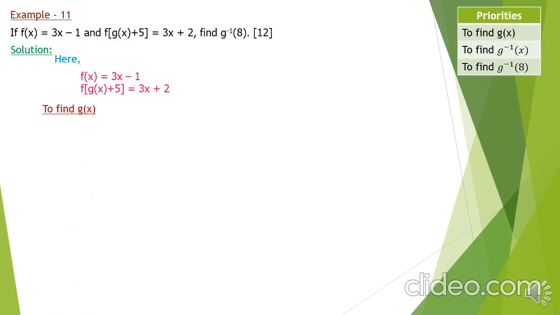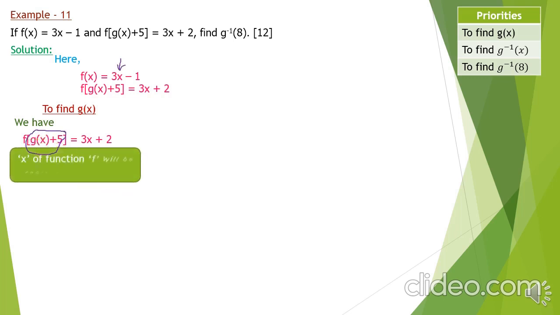Now gx, to find gx, see this entire part inside the big bracket is input, and it will take the position of input variable. Now you can see it's written x of function f will be replaced by gx plus 5.